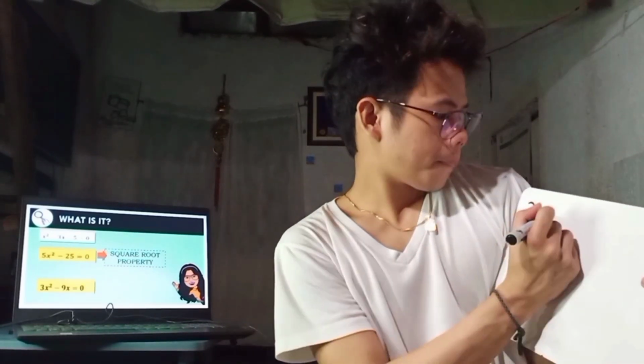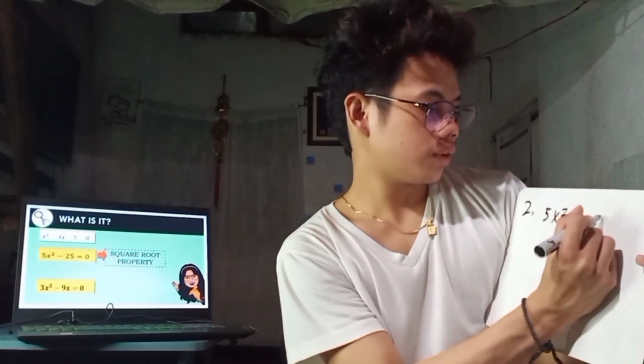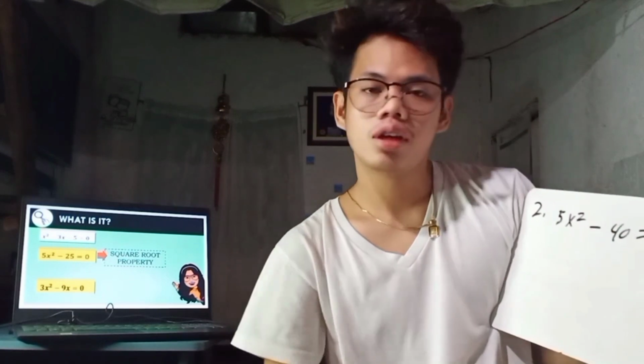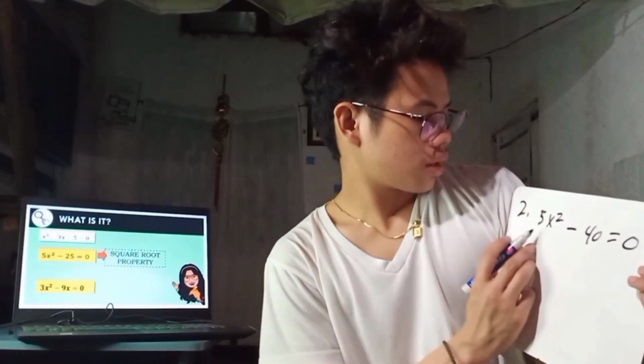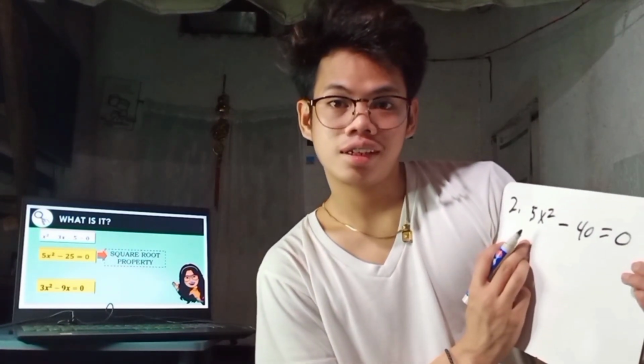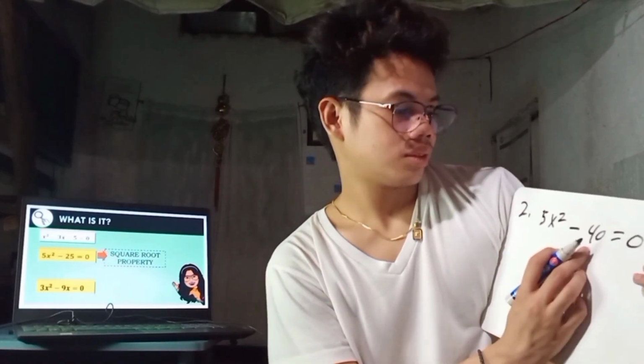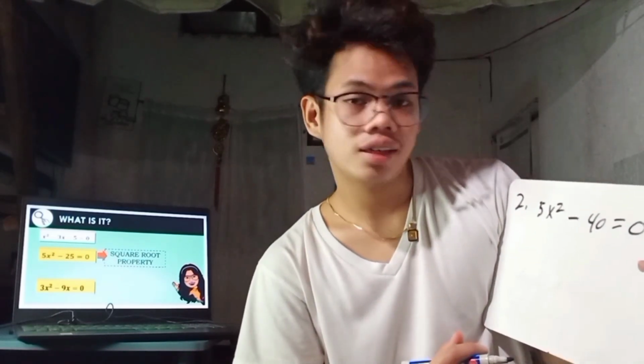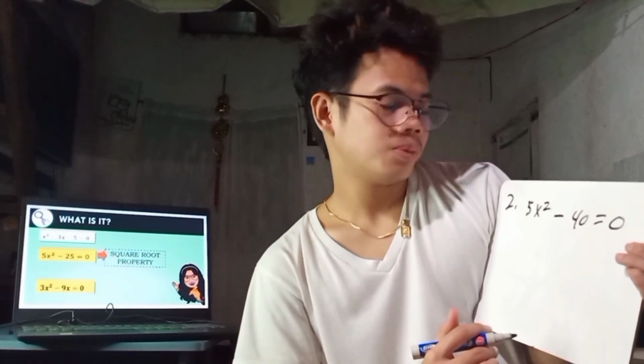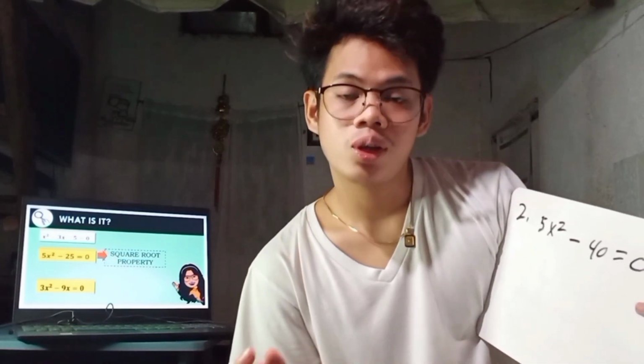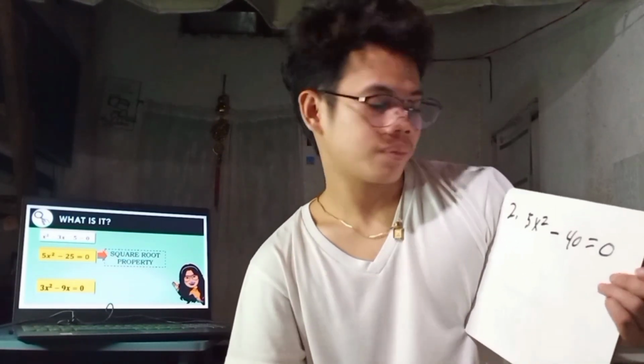Alright guys, for our second example, let's say 5x squared minus 40 is equal to 0. So first, let's check. 5x squared is a quadratic term. Negative 40 is a constant. So meaning there is no problem at all. We can use the square root property.